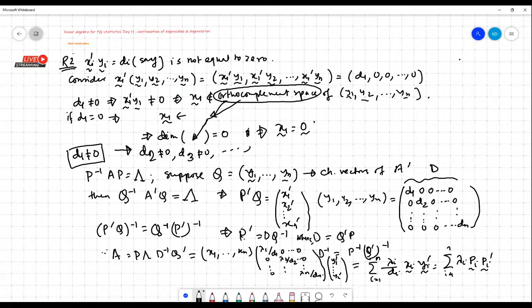Have you any problem? If not, I want to stop today. Next day I will continue eigenvalues, eigenvectors, and discuss some results, and then if time permits, I will discuss the constructional method of G inverse using spectral decomposition.